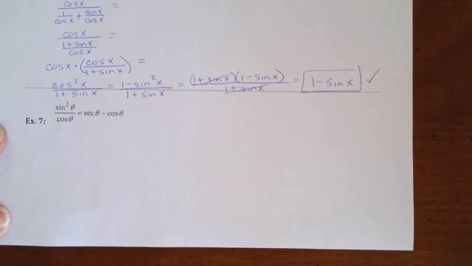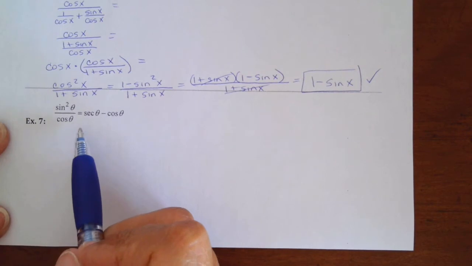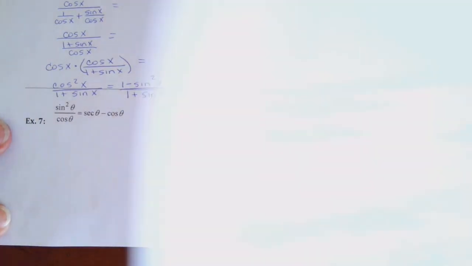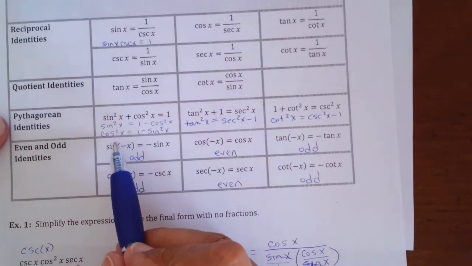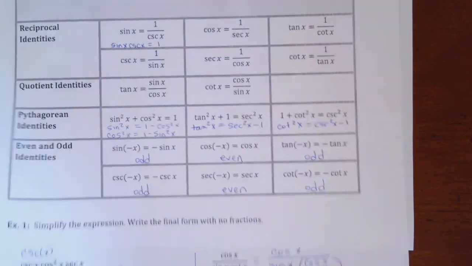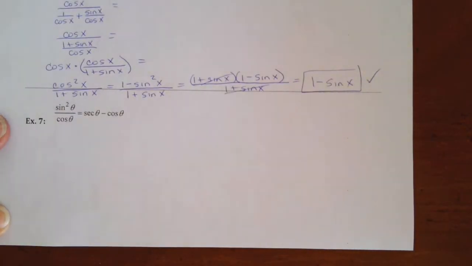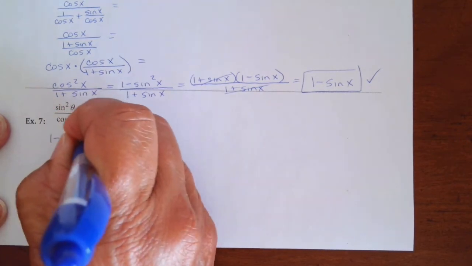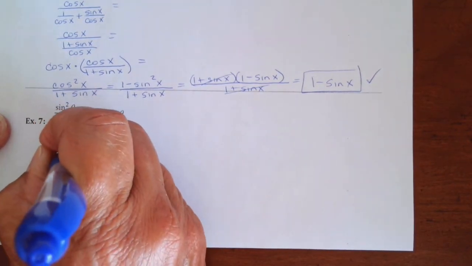Actually, maybe I'm going to change my mind. I'm going to do this side because this is a Pythagorean identity and then I'll already have my 2 parts. So I'm going to do that, the sine squared equals 1 minus cosine squared. So I'm going to substitute that in there. That way I can break it up into 2 things. So see, even I will change my mind sometimes when you look at it differently.